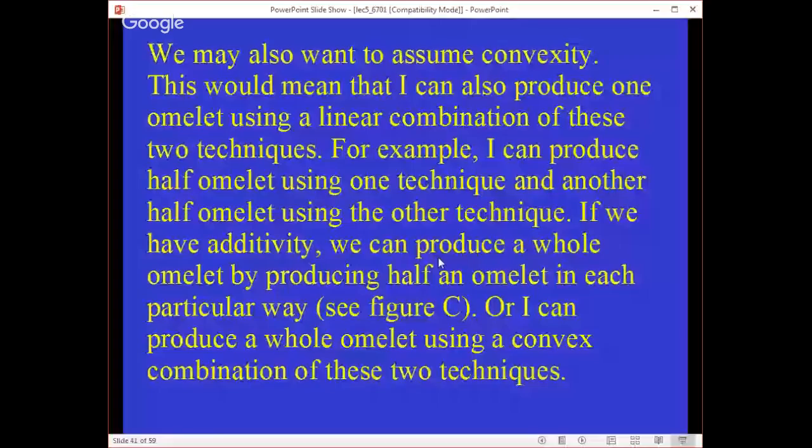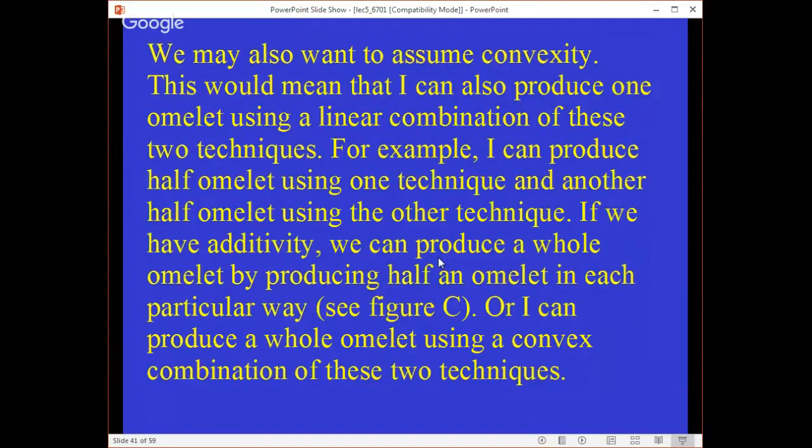I might want to also assume convexity, not concavity. This would mean I can produce one omelet using a linear combination of the two techniques. In other words, I can produce half an omelet using one technique and then another half using the other technique, put them together, and I get one omelet. That is assuming I have additivity.